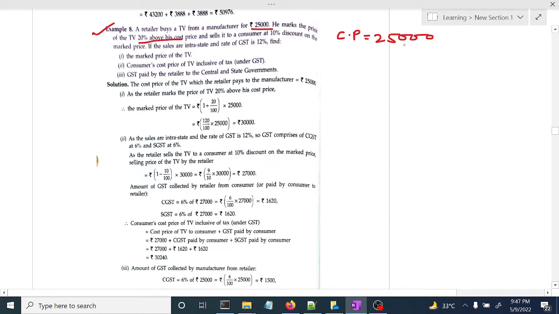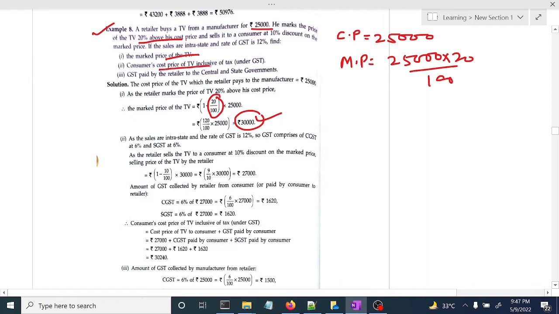So the cost price for the dealer is 25,000, but he marked up the price 20% above, right? So 30,000 marked price he did. So the marked price will be how much? 30,000. Straightforward, no brainer. Okay.